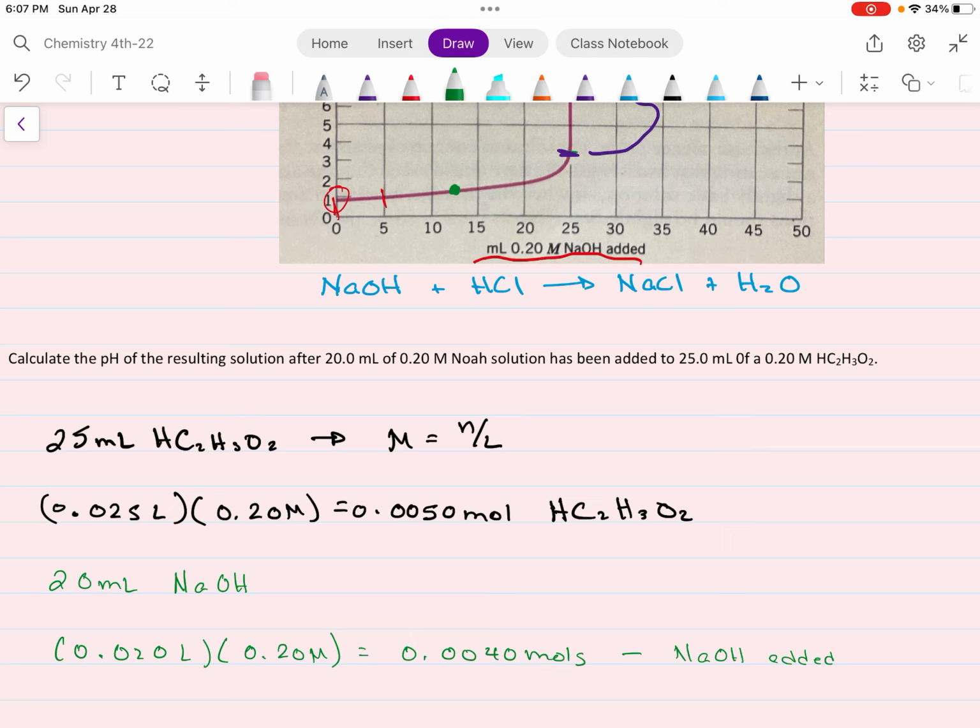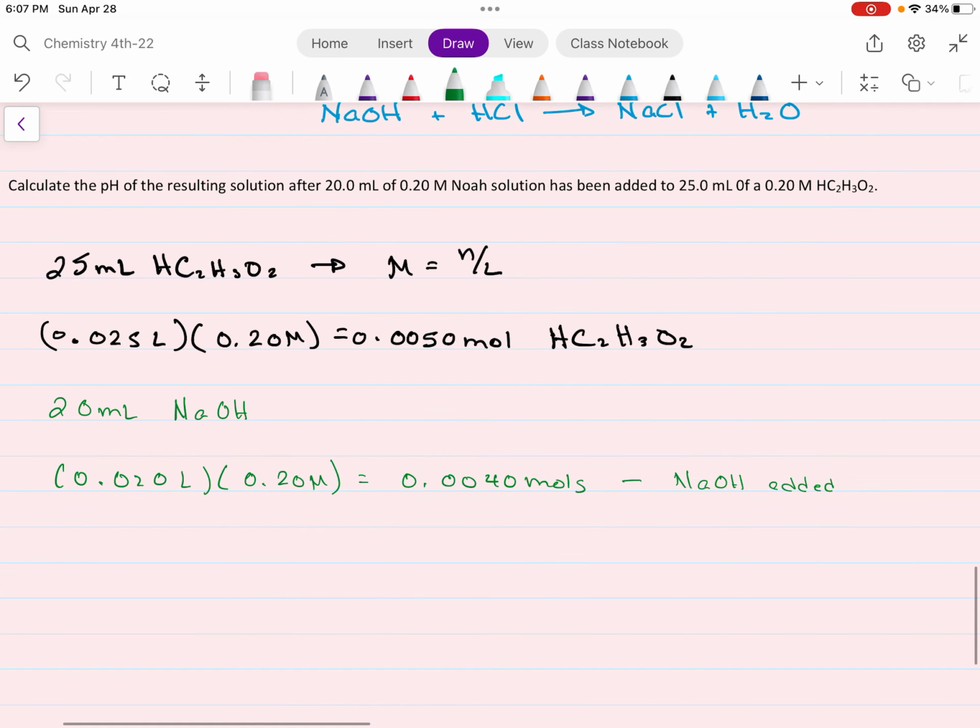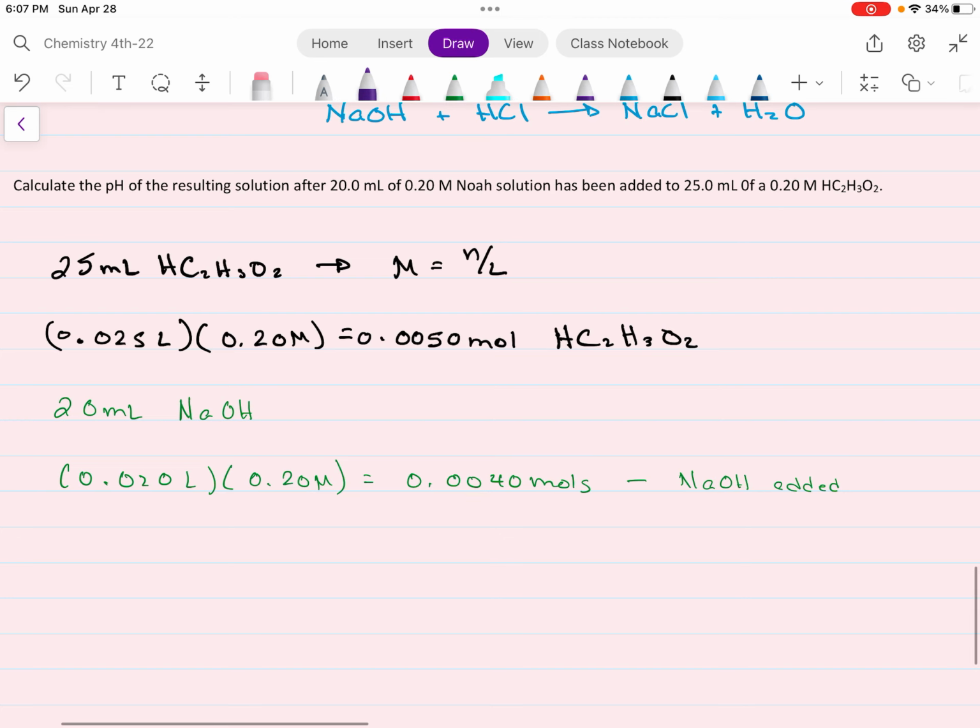Now, the NaOH is going to neutralize the acetic acid. So we want to figure out exactly what the pH is of the solution at this point. It's going to be the same thing we did before. At this point, it's going to be 0.0050, right? This is moles of acetic acid.